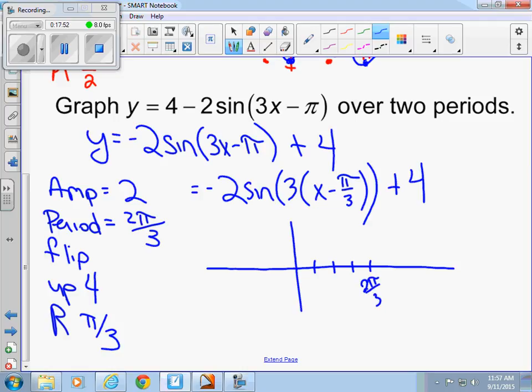Graph 2 periods. Starts at 0. It is a negative sine graph, so I go down instead of up. Remember, I am totally okay if you draw it unflipped and then flip it if you want to see that reflection happen on your paper.